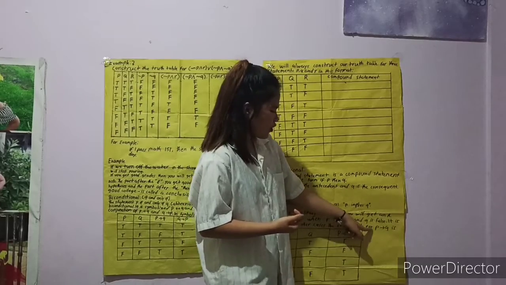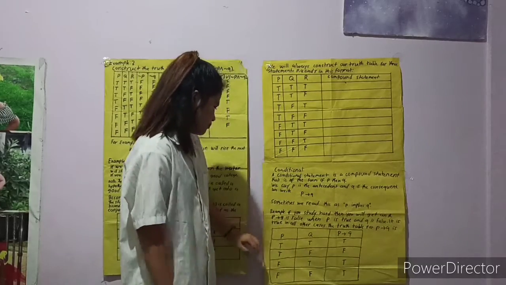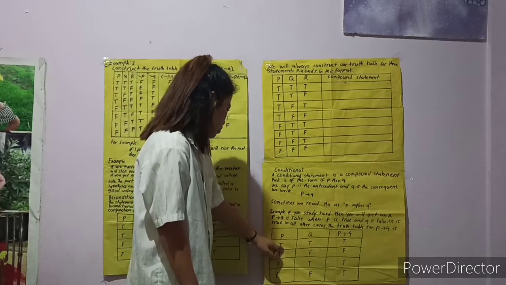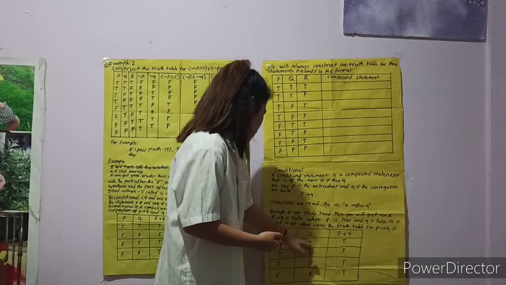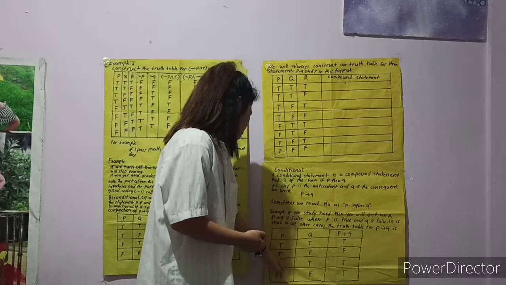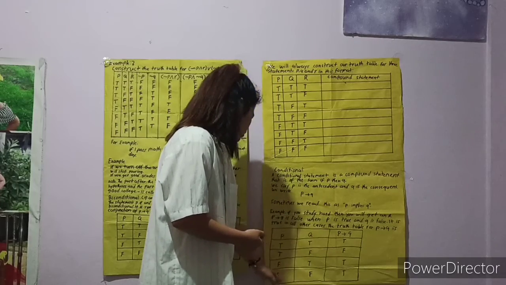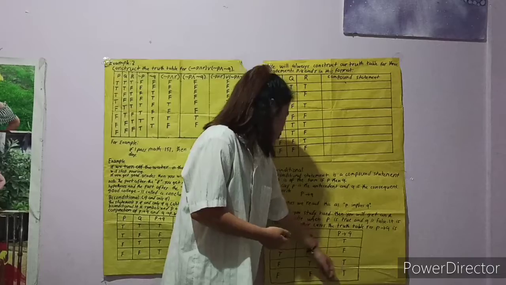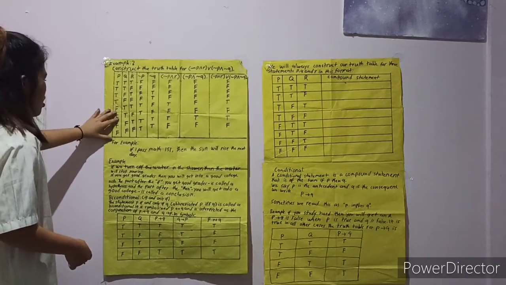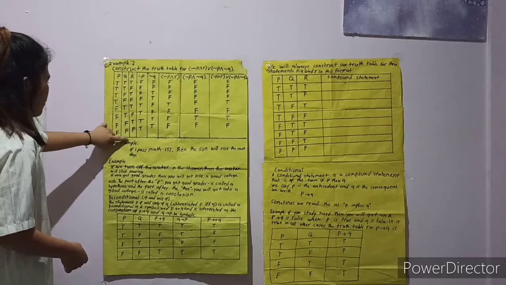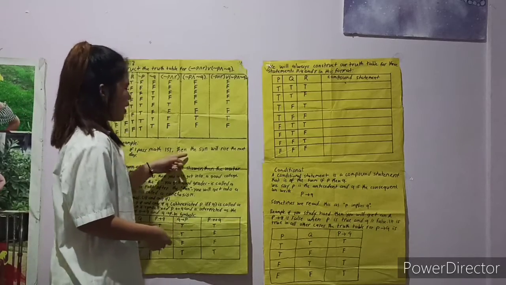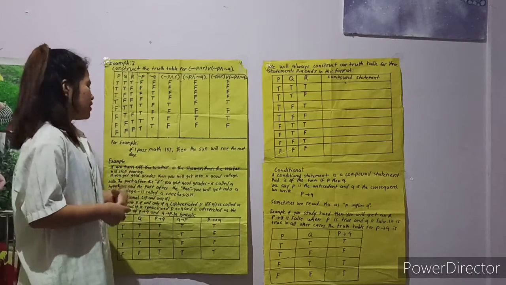The truth table for P implies Q is: true to true becomes true, true to false is false, false and true become true, and false and false become true. Next, for example, if I pass Math 151, then the sun will arise the next day.